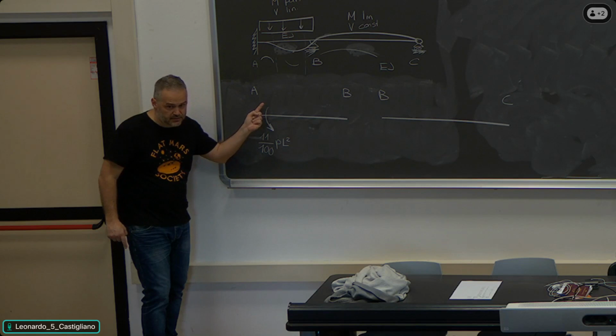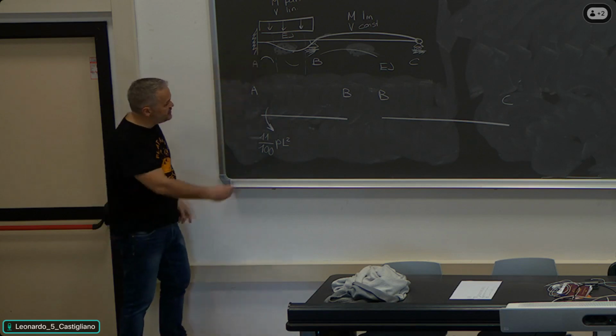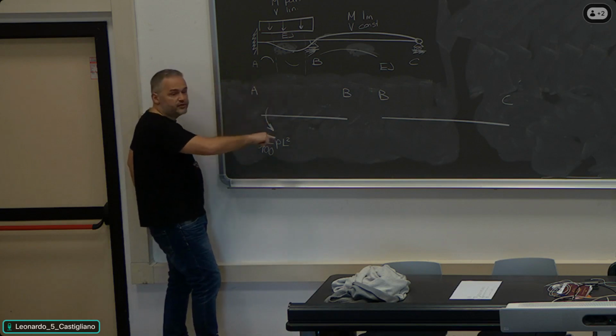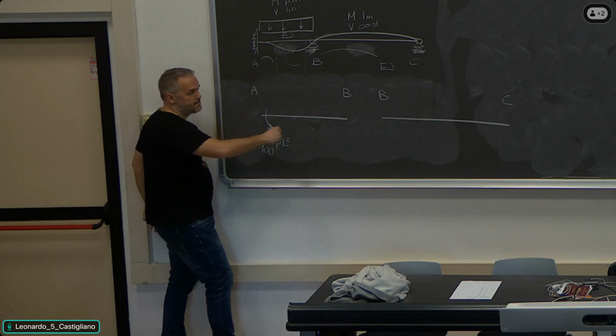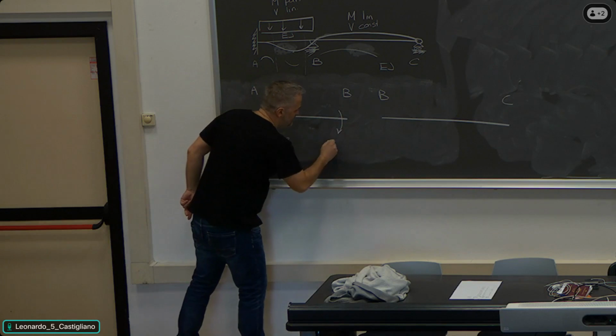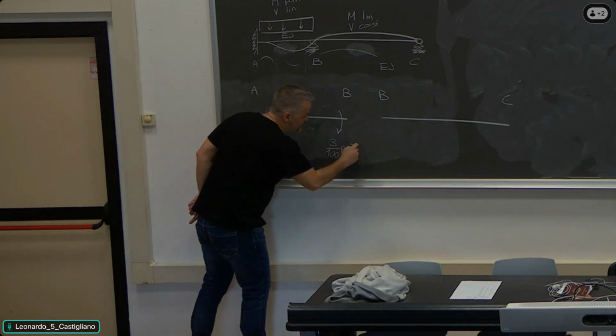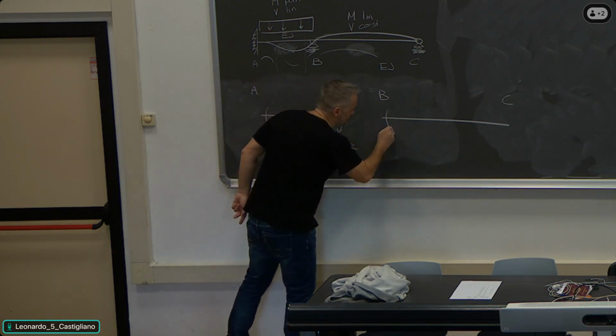When I started solving the structure, I marked it the other way around. The solution is negative, so I reverse it. And here I have 3 divided by 100 PL squared, which acts not only here, but also here.